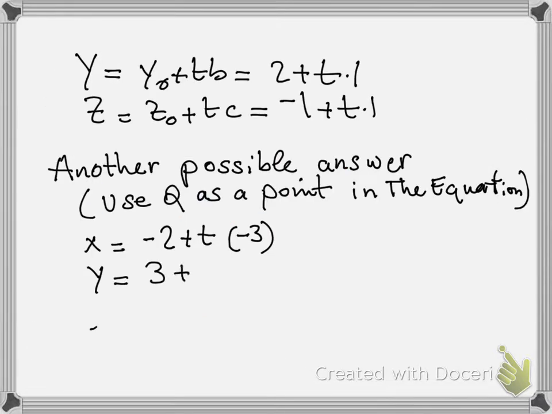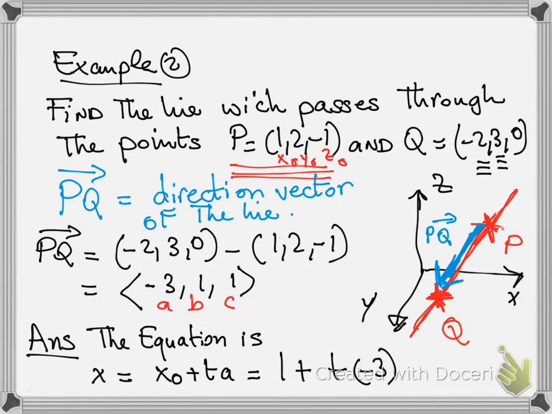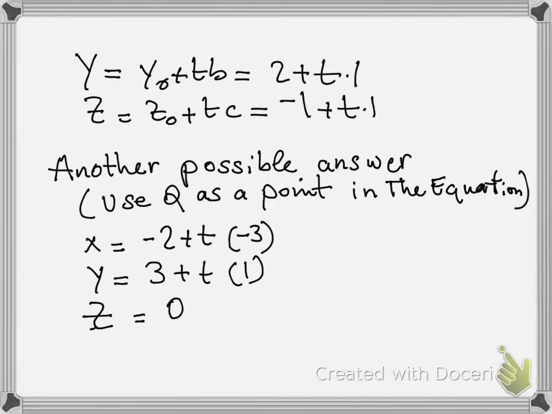So 3 plus t times b, which is 1. And finally, z is equal to z0, so z0 is 0, right? So 0 plus t times c, and c is positive 1. Okay, so that's another possible answer. So this is -2 minus 3t. Here, this is 3 plus t, and this is actually equal to t.